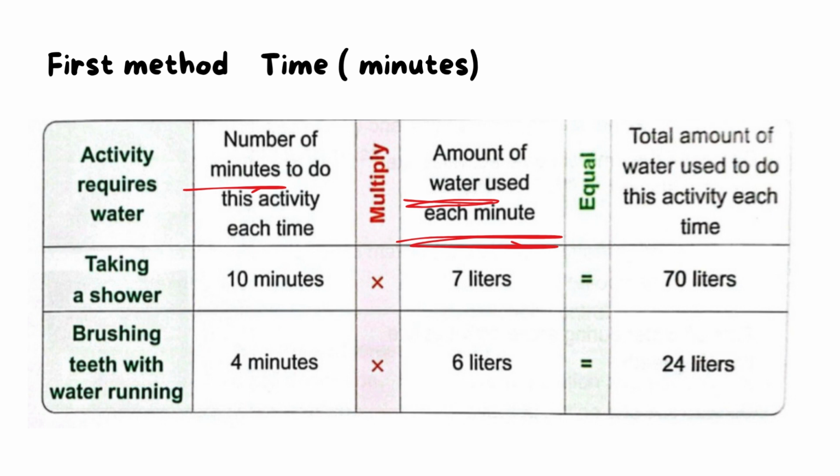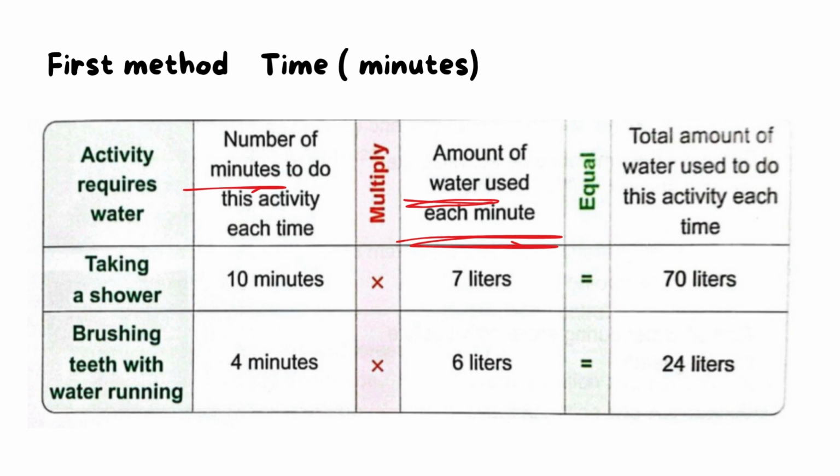The first one is to know the number of minutes it takes to do the activity each time. For example, I take a shower in 10 minutes, and each minute I use 7 liters. With a simple calculation we can find the amount of water used: 10 times 7 equals 70 liters.